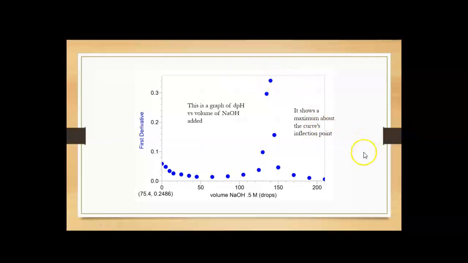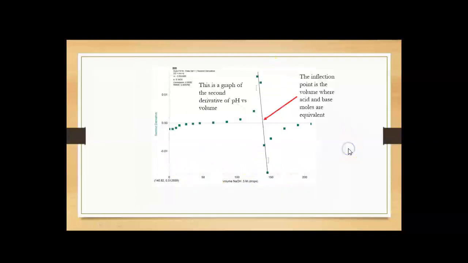It's not really very mathematically appropriate. The volume is obviously in the vicinity of 140. Can we get a little closer in accuracy? Yes. We then take the derivative of this first derivative, which will be the second derivative, at each point, and now we can get what we call the second derivative of the pH versus the volume.